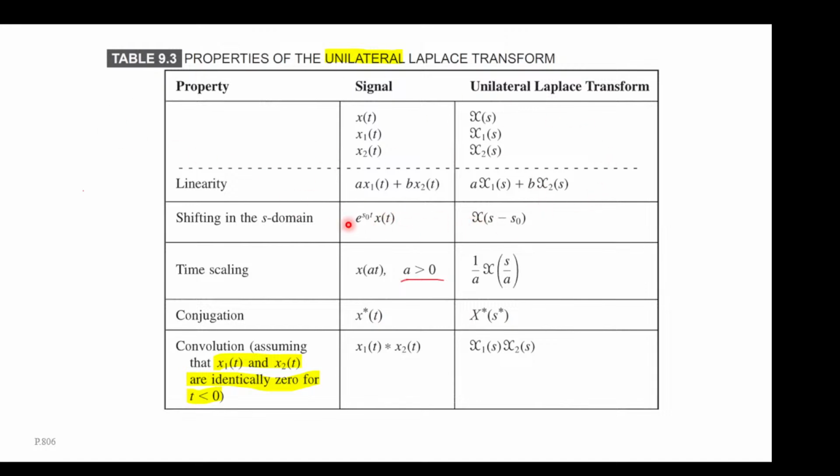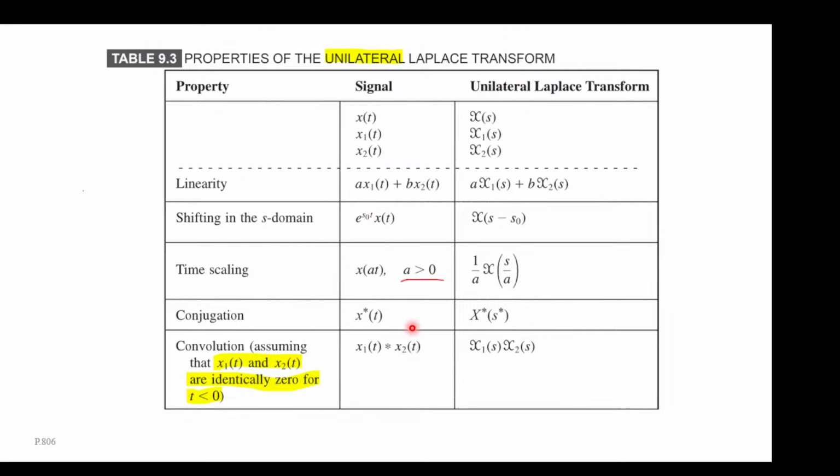Okay, so we see some properties. The familiar linearity: you have x1 unilateral Laplace transform to big X1, and x2 transform to big X2, then a x1 plus b x2 will transform to a big X1 plus b big X2. Similarly, you can shift in the s domain, where you have s minus s0, then you get e to the s0 t x of t here.